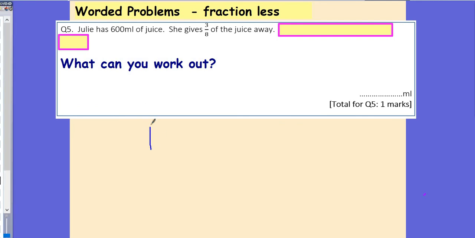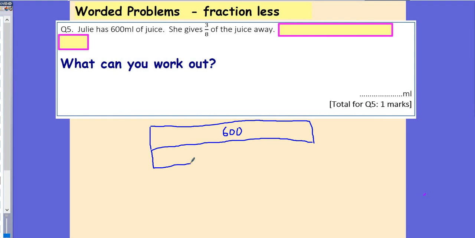Okay, so I could have worked out that 600 mils is my whole bar. Here it is. I could have then split that into 8 equal sections. 1, 2, 3, 4. There's my 8 sections. Like I said, I didn't tell you what you needed to work out, I just left it up to you.